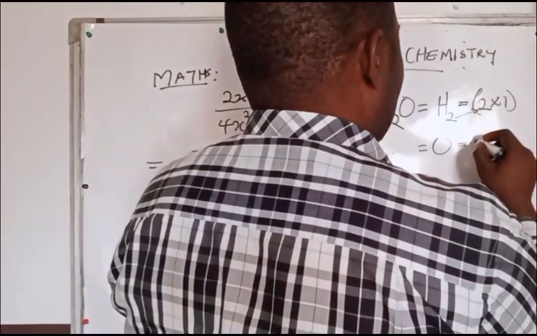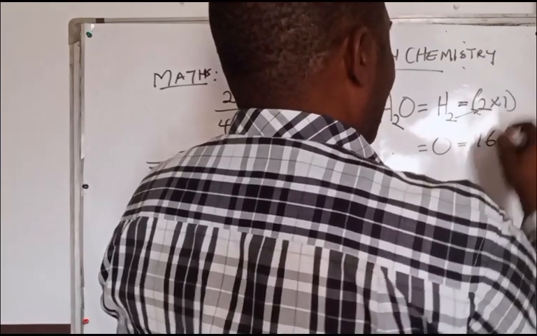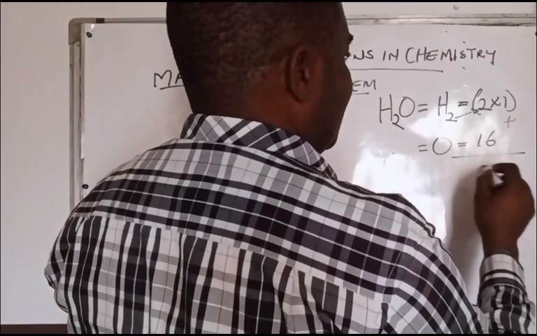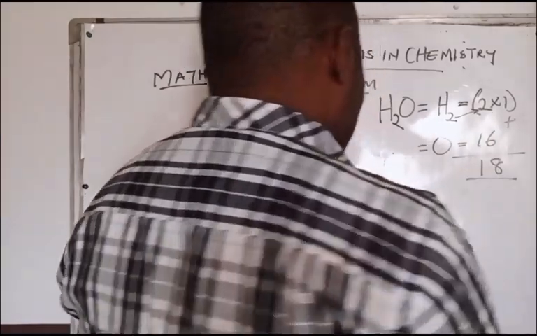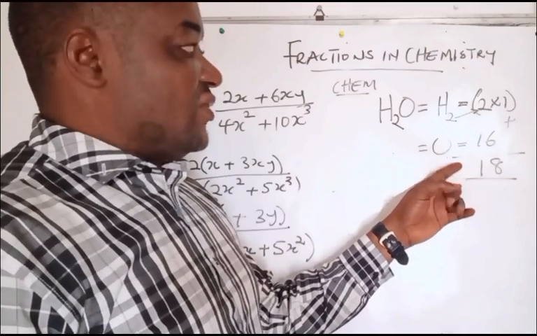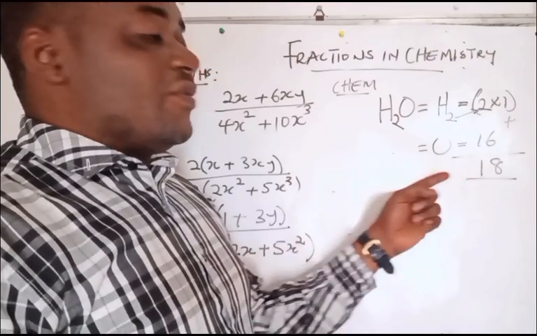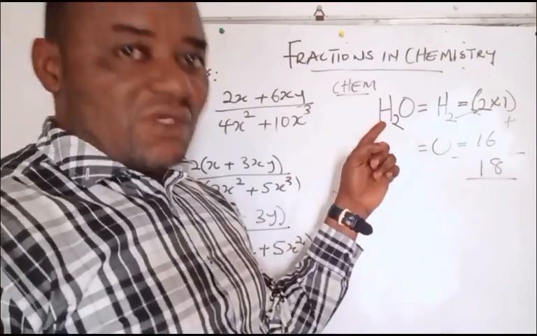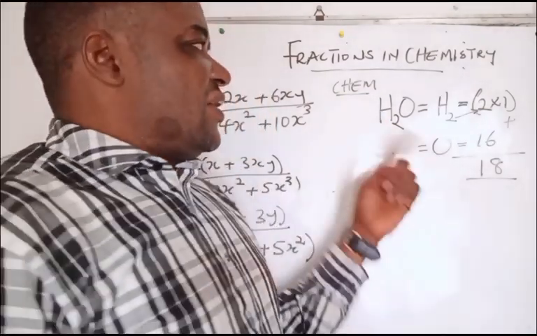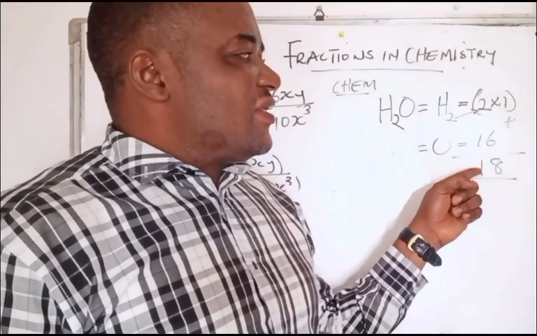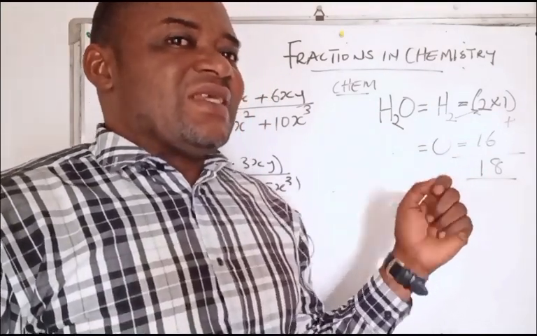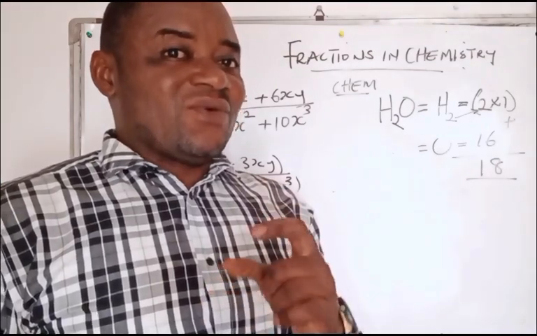So we have oxygen is 16. So it means that 2 plus 16 will give us what? 18. This is the atomic mass, or the molecular mass of water. But what is the amount of hydrogen in this molecular mass of water? What is the amount in a fractional form? That is what we are saying.